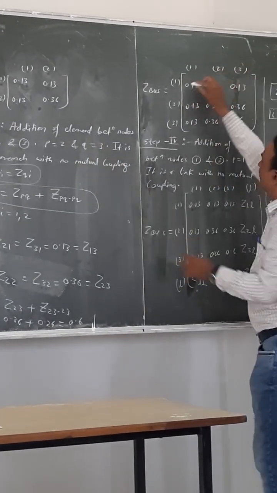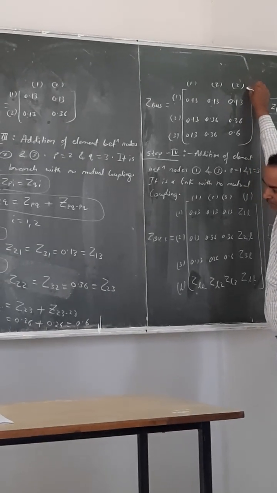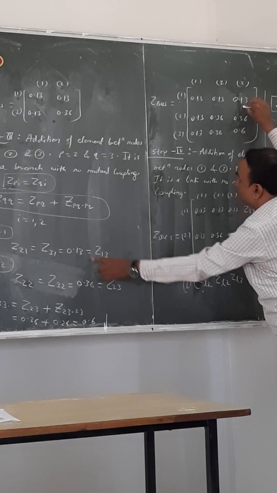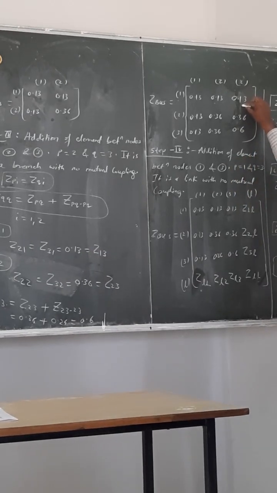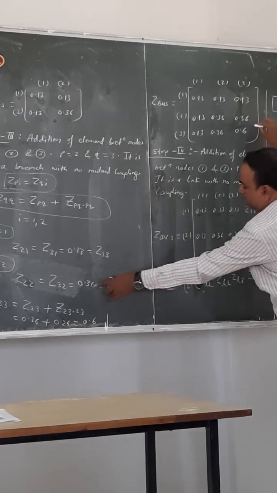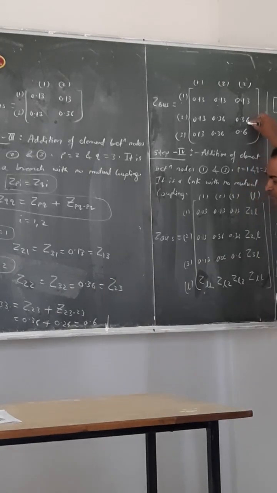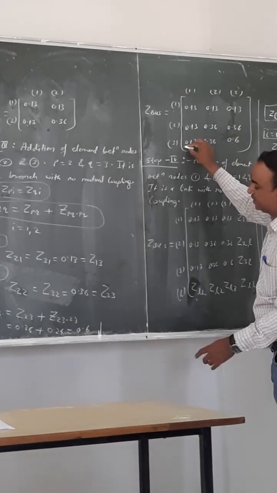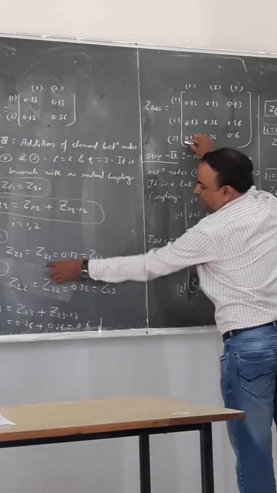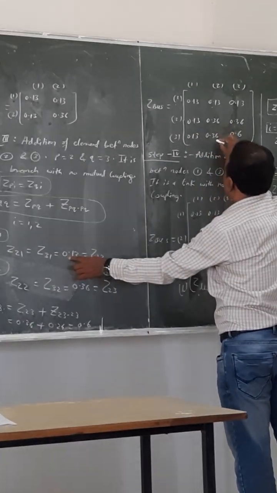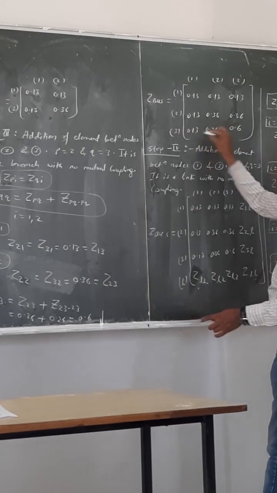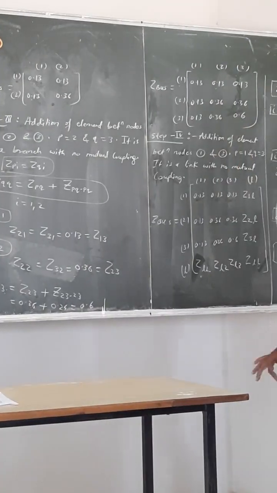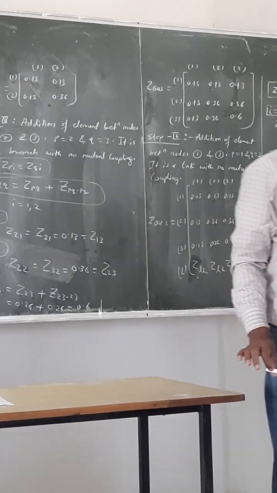So what is the value of Z13? 0.13. What is the value of Z23? 0.36. What is the value of Z33? 0.6. What is the value of Z31? 0.13. Z32, 0.36. Is it clear? Till now? Is it okay?